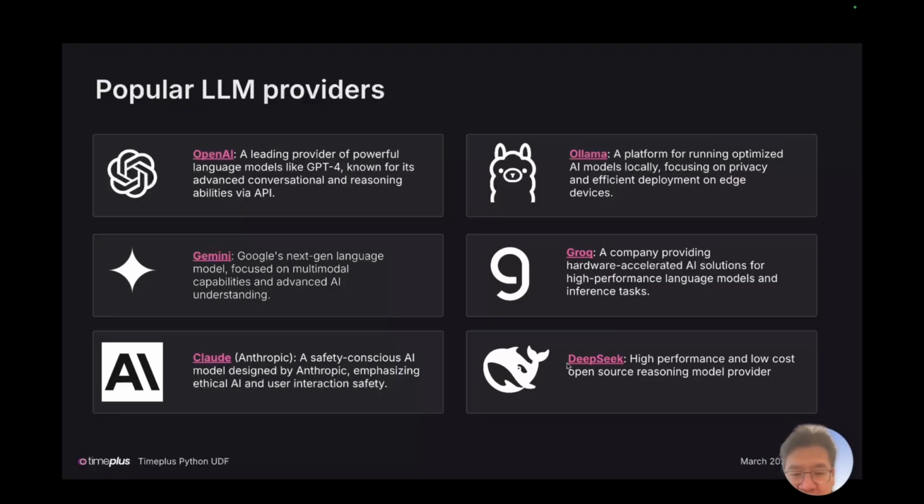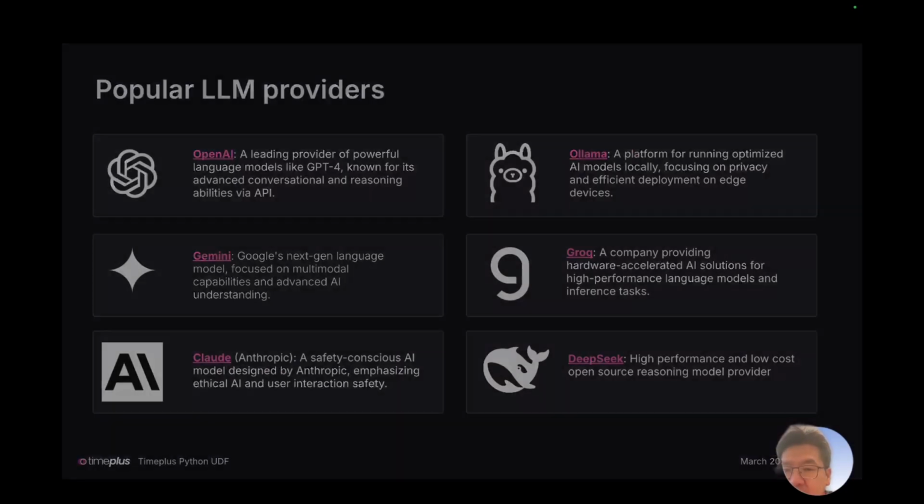There's also DeepSeek, which is an open source model, but it's super high performance and low cost. And with Python UDF, it's very easy for the user to integrate with AI.